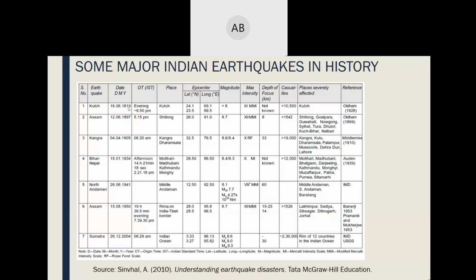So, starting from 1819 in Kutch, there was one with magnitude 8, then Assam. I don't know if you know about this, 1897. So, in Assam or in northeastern India, there were two such major earthquakes that occurred in historical time. One was on August 12th, 1897. The epicenter was somewhere in Shillong, and it was recorded by Oldham.